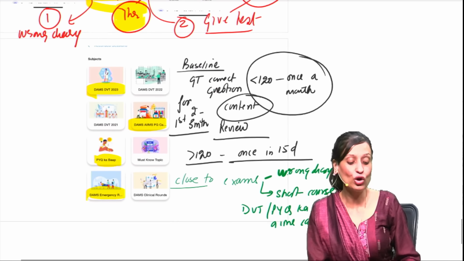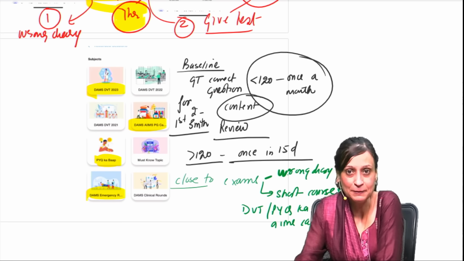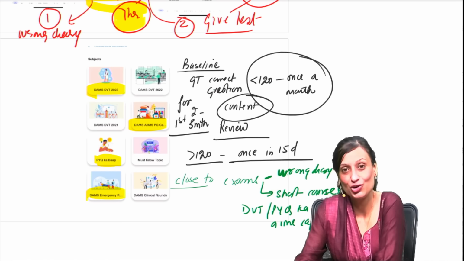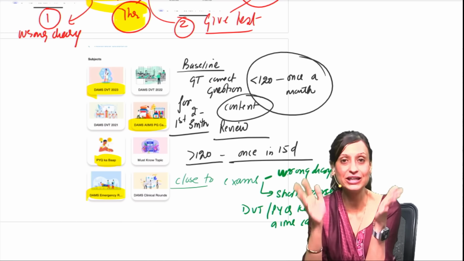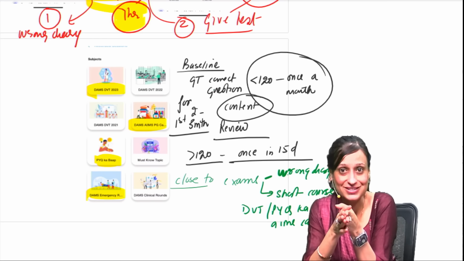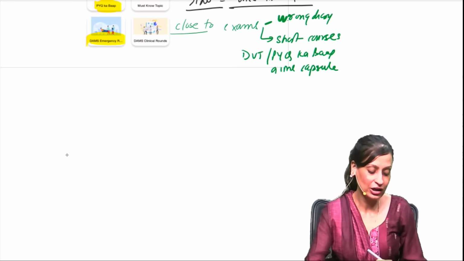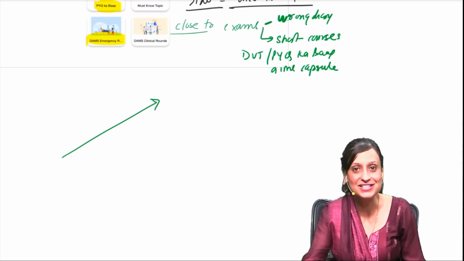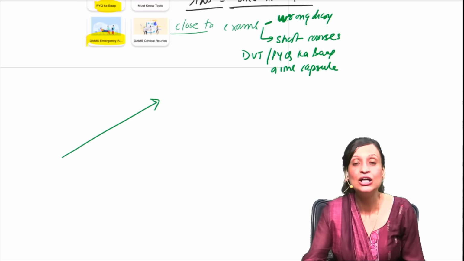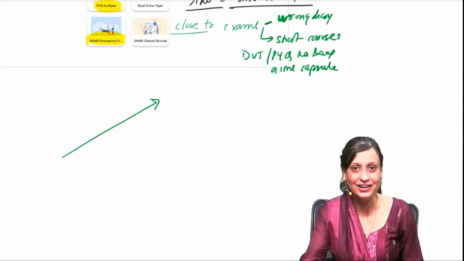So this is a broad overview on what strategy you should be following with TND. And how do you see whether you're on track or not? You have to keep a watch on your number of correct questions in the TND, in the GT. If your graph is moving like this, you are on the right track. Don't worry about your percentage. Don't worry about your rank.